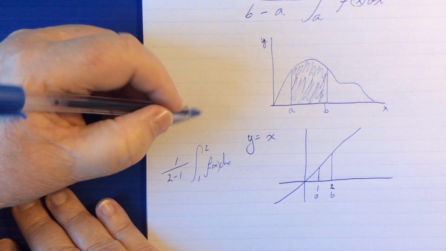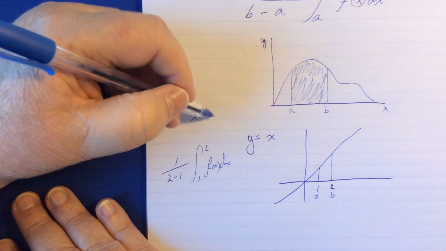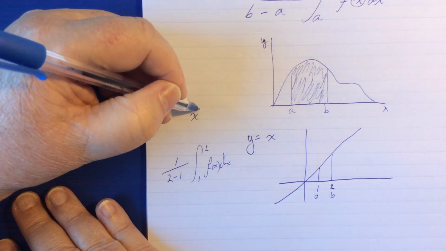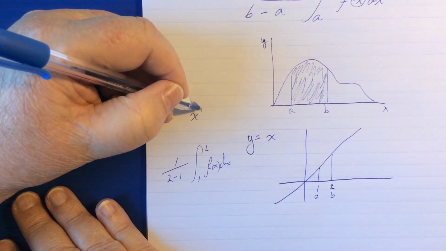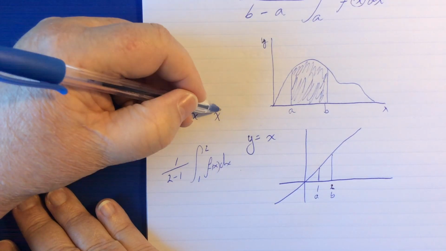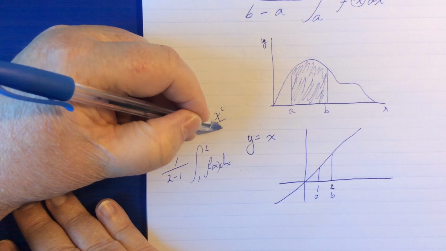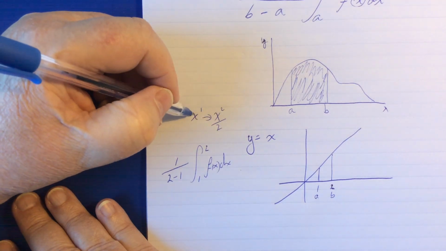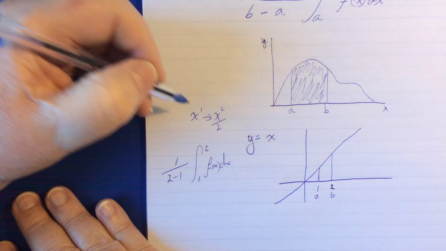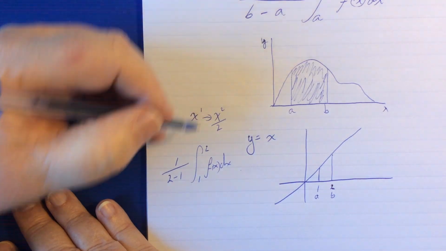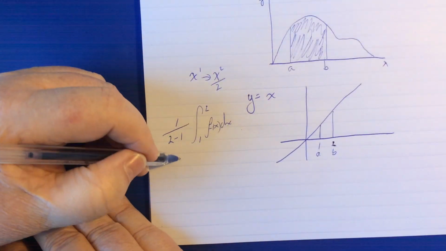So the integral of x is, what we do is this is x to the power of 1, so it's going to be x to the power of 2 over 2. That's our original function, that's its integral. Okay, so let's get going.